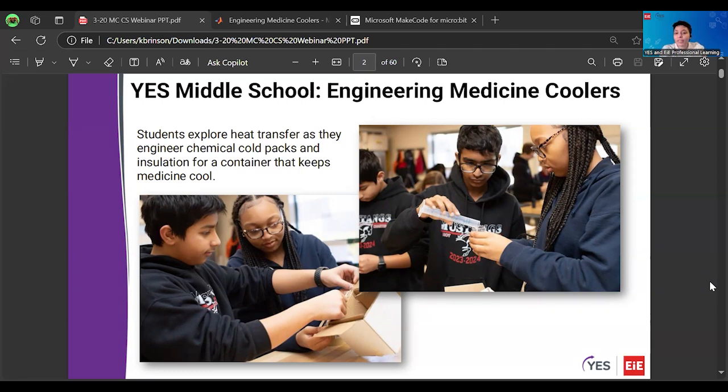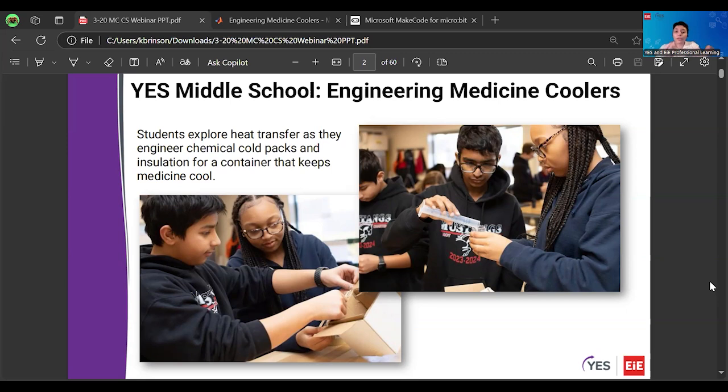They also investigate a cooling solution, so there's a little chemical reaction activity in this unit as well. And they use those findings to inform their medicine cooler designs. They walk through all steps of the engineering design process, and that results in presenting their designs, reflecting on the engineering design process. And they even get to act as users to select the most effective solution.